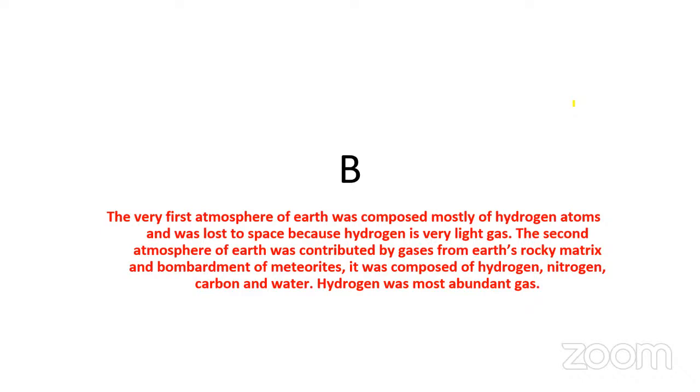The second atmosphere of Earth was contributed by gases from Earth's rocky matrix and bombardment of meteorites. It was composed of hydrogen, nitrogen, carbon, and water. Hydrogen was the most abundant gas.